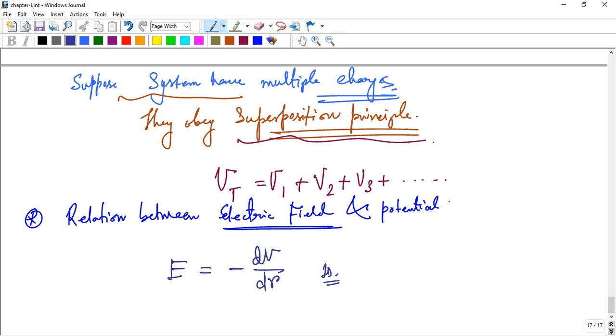So we say that electric field E is equal to minus dV by dr, for one dimension actually. Keep in mind, the electric field is in the direction of the steepest decrease of potential. And in vector form, the electric field component in a specific direction is the negative of the potential gradient in that direction.